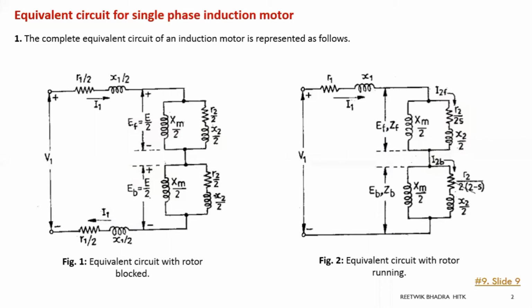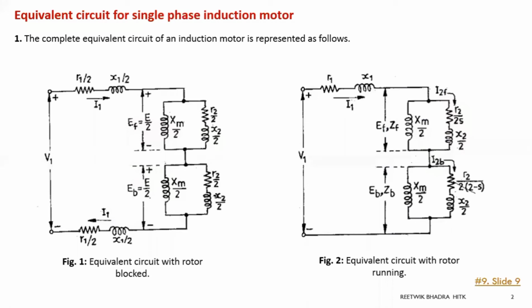And by double revolving field theory, we had proved that one single flux or MMF, you can take it as anything, can be split up into two equal parts. If I take a flux phi, it was divided into two equal parts, phi by 2, phi by 2. And both were producing two torques.